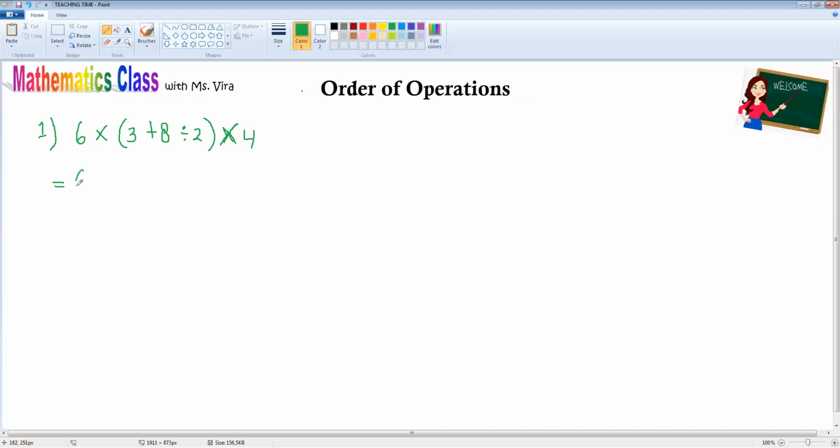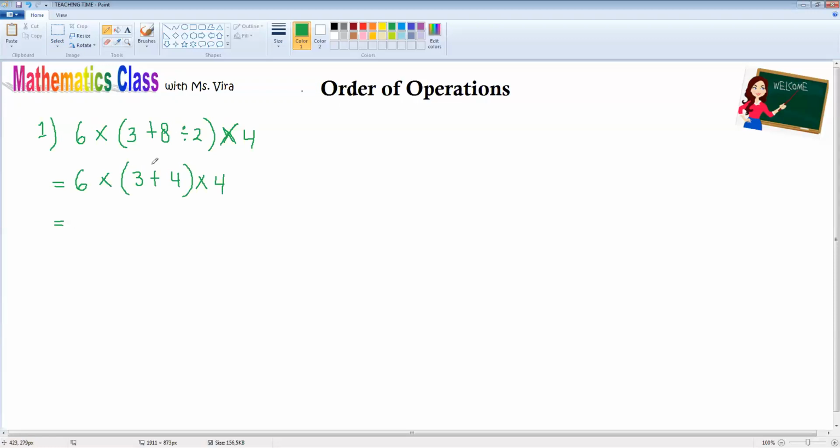So we need to write 6 times in here, even though in the brackets there is add and divide. So we need to work the divide first. So 3 plus 4, times 4.